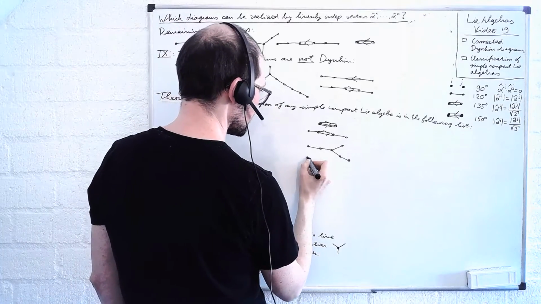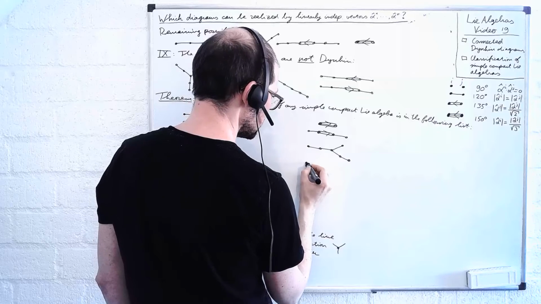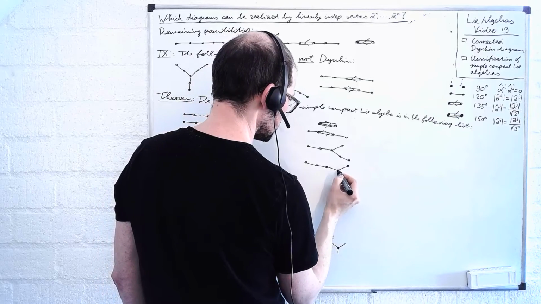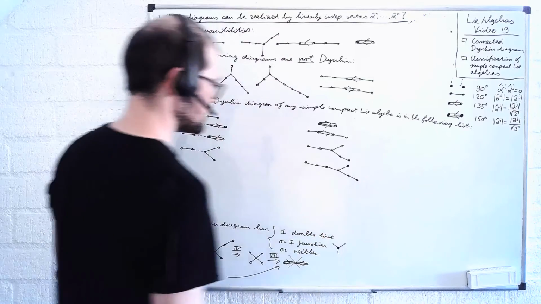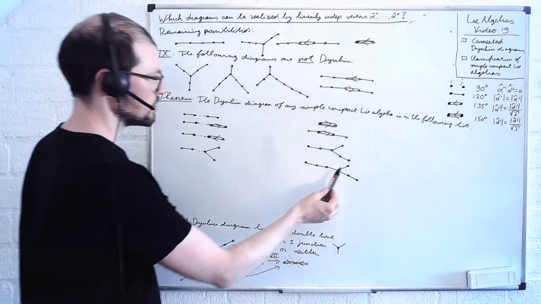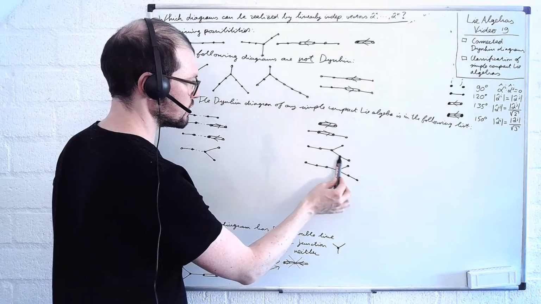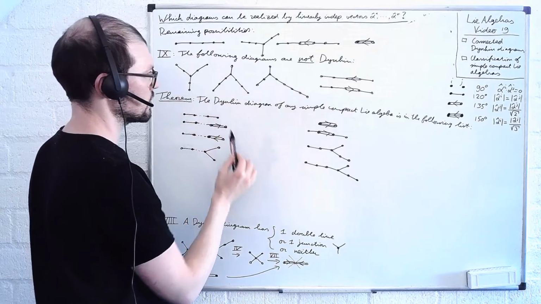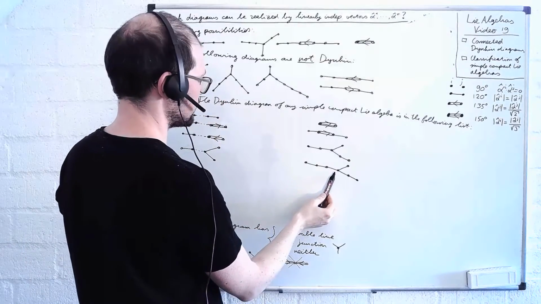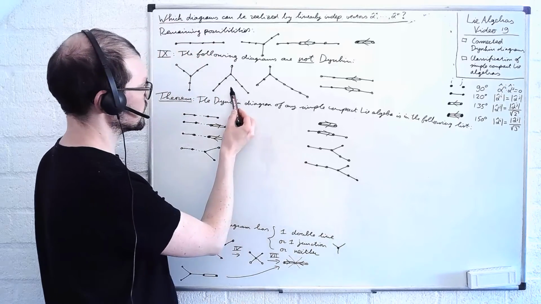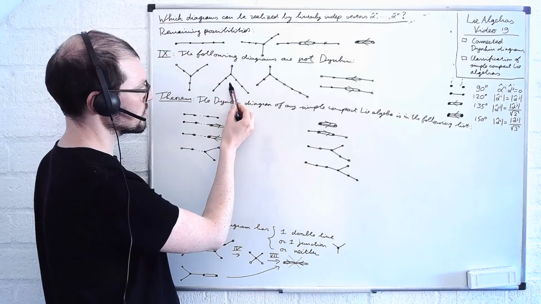I can extend this branch a bit. I do something like this. I cannot extend this branch because then all of these branches would have length at least 2 and contain this one. I can also not extend this one any further because then it would contain this one.